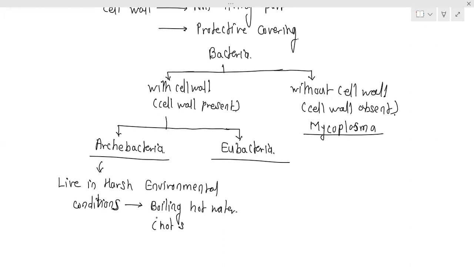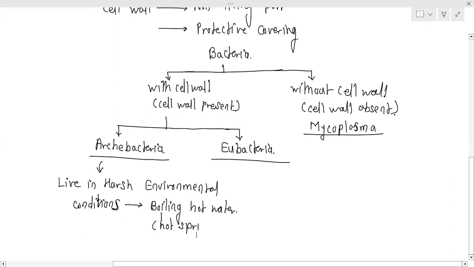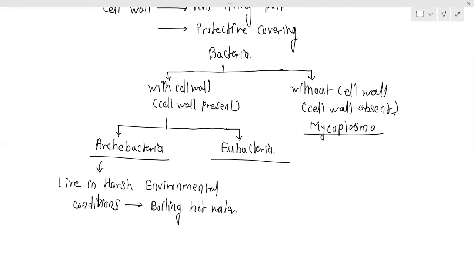Do you understand what you mean by hot water spring? Vaibhavi? Do you know? Yes. So in a hot water spring, they live in that boiling water. They live in the stomach of cattle, okay. They live in the stomach of cows and buffaloes.